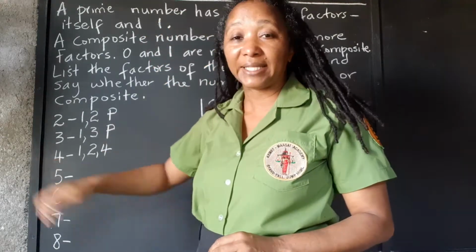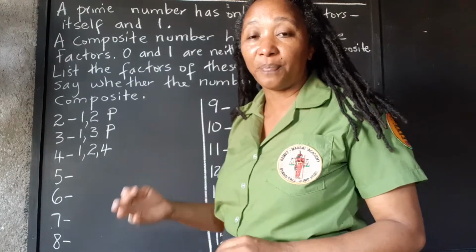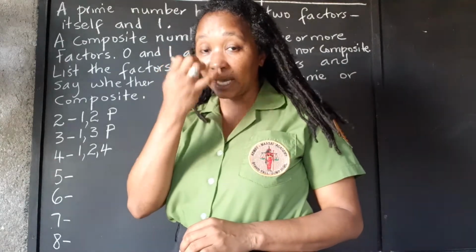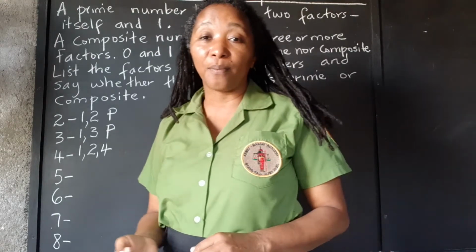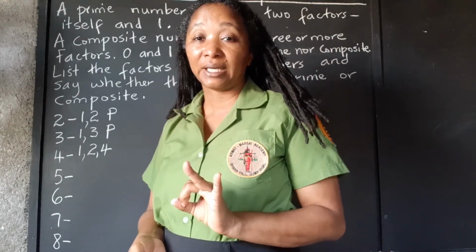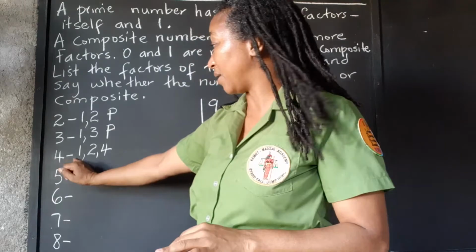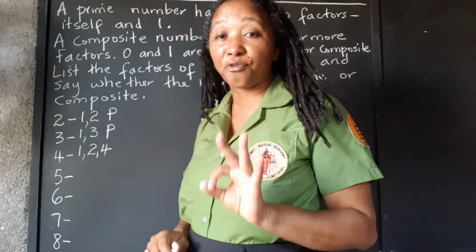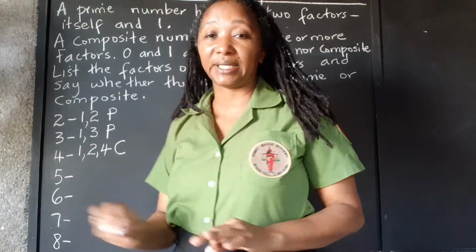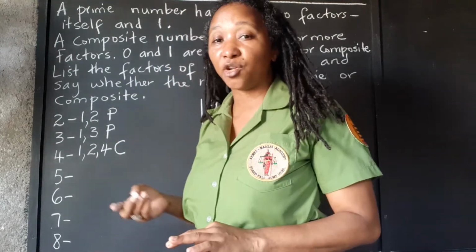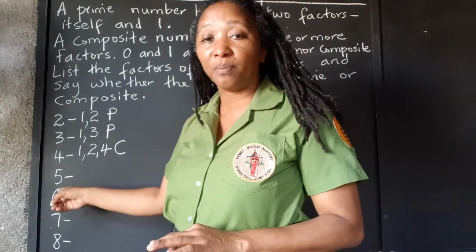So 4 has passed the number of factors that would qualify it to be prime. For it to be prime, only 2 factors are allowed, and already we see that 4 has 3 factors. Therefore, the number 4 is composite. It's a composite number.